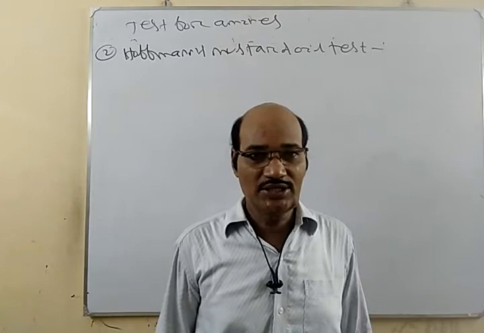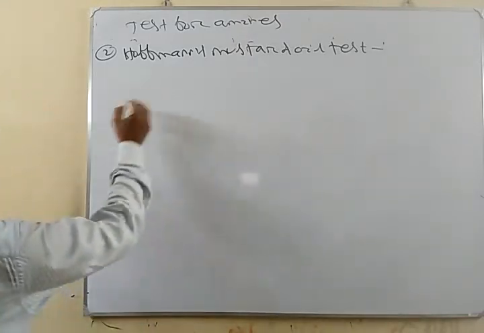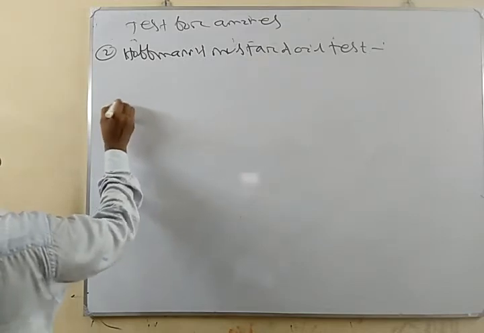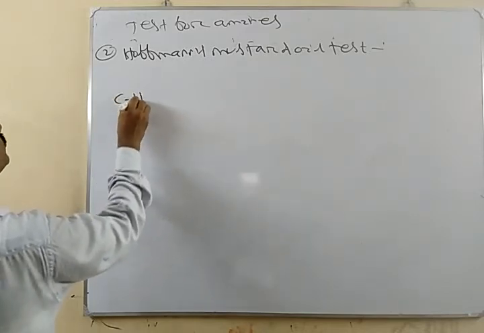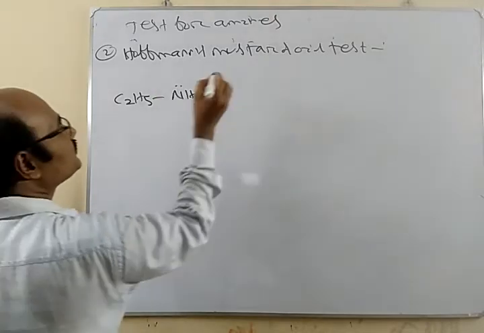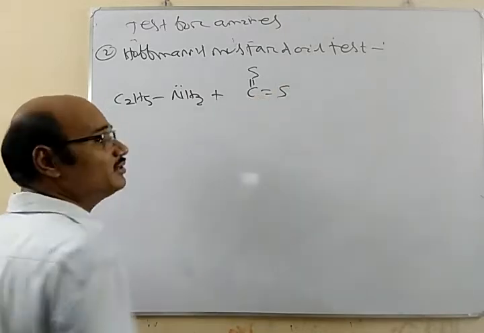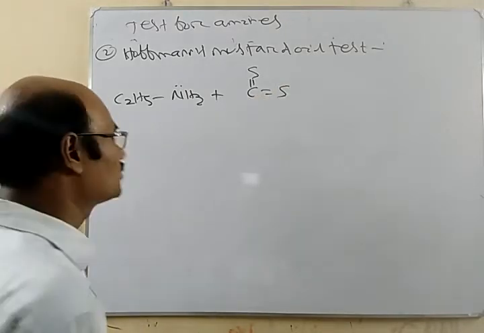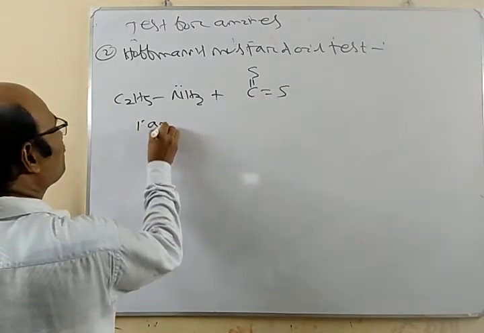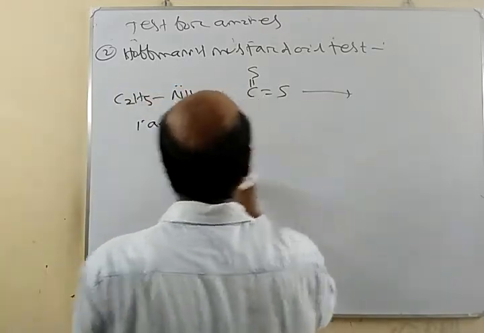Let us see the Hofmann's mustard oil test. See what happens here. C2H5NH2, a primary amine, plus CS2, carbon disulfide. What happens here?